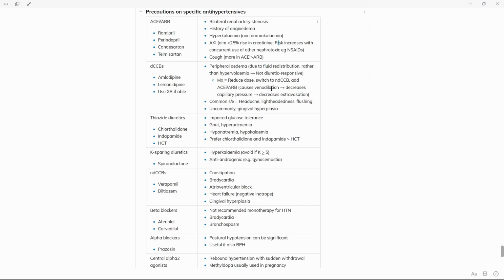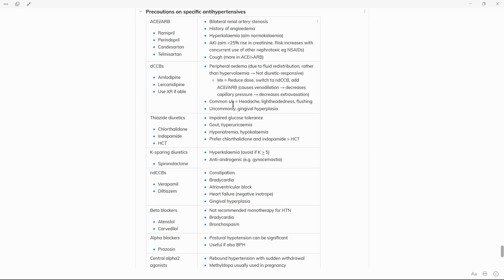By causing venodilation, it reduces the pressure in the venules, and therefore this causes a pressure gradient to have more blood be driven from the arteriole across the capillaries into the venules. And so there is less blood sitting in the capillaries, and therefore the capillary pressure decreases, and there is decreased extravasation of fluid into the extracellular tissues because of the venodilation that is achieved by an ACE inhibitor or an ARB.